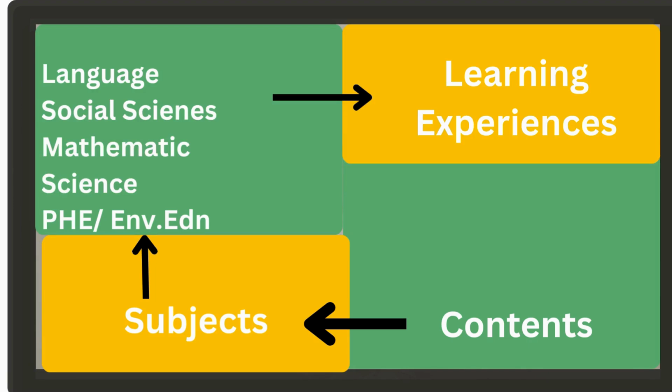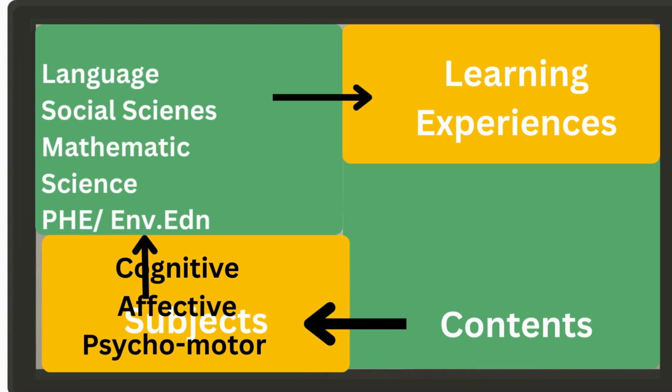We said earlier that the learning experiences provided in the classroom are different for different teachers, especially the experiences are determined by the nature of the contents. So learning experiences are directly related to the characteristics of the contents or the nature of contents, we can say. Some require thinking, some others feeling, and some others doing. Thus, learning experiences fall under three major categories or domains, such as cognitive domain, affective domain, and psychomotor domain.